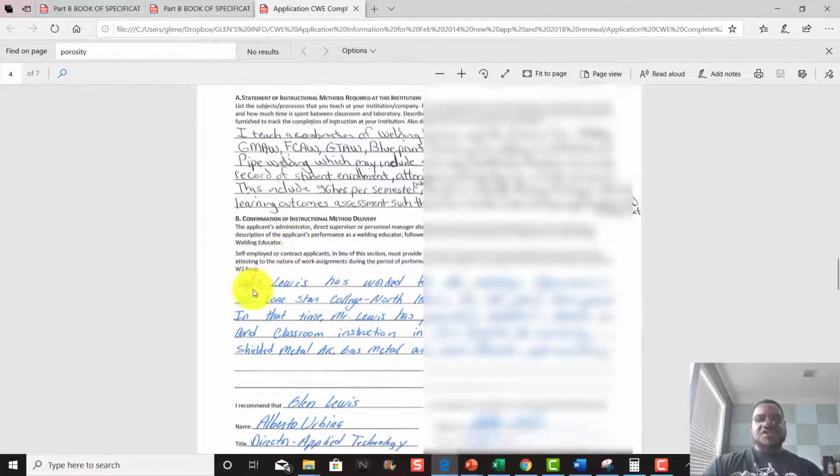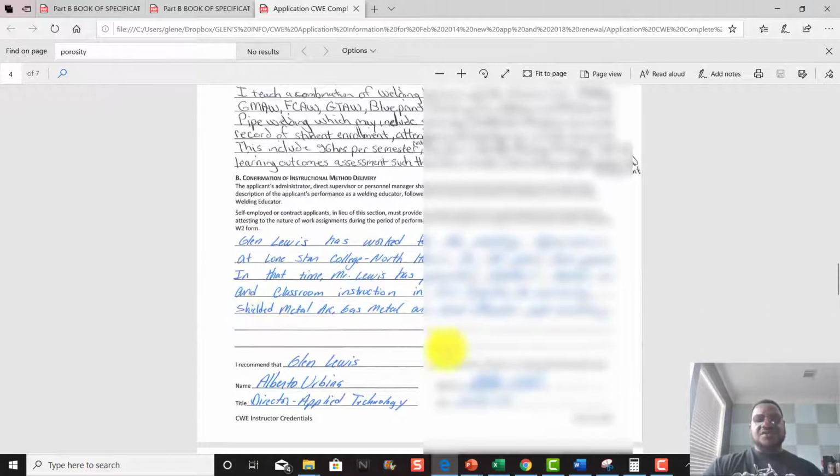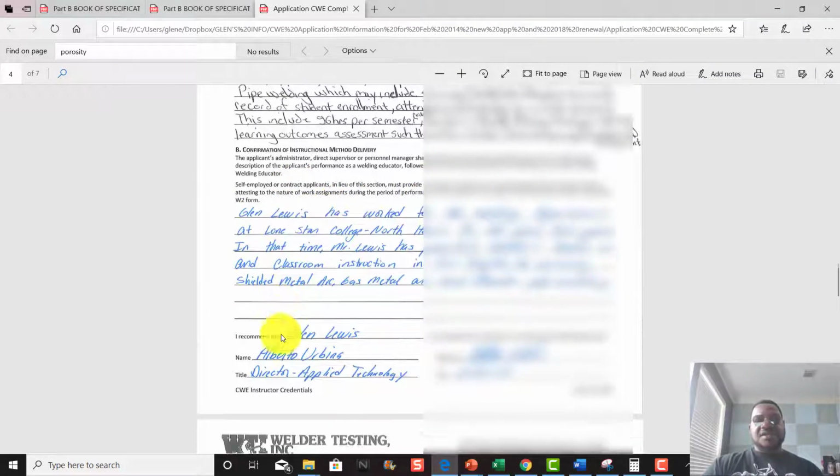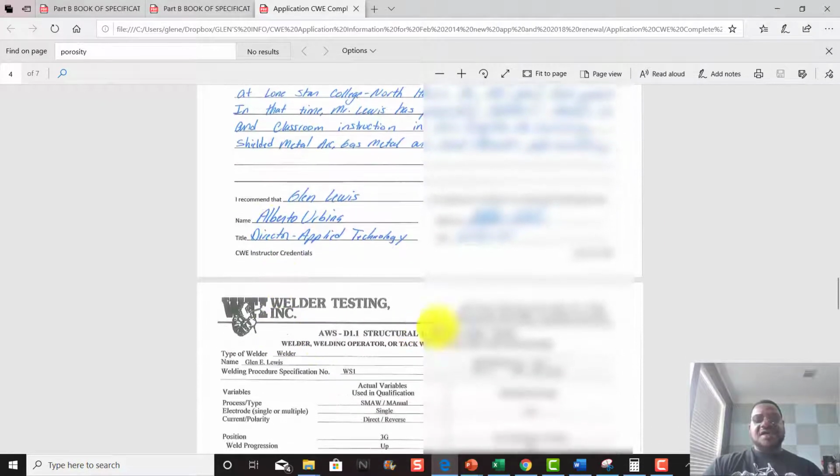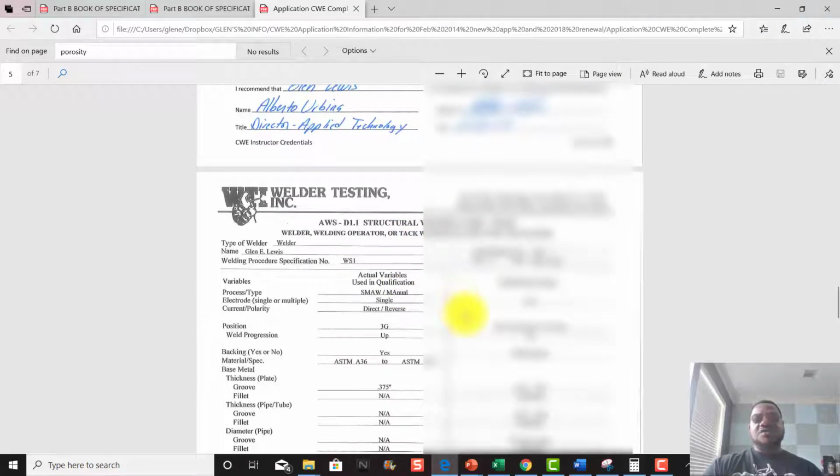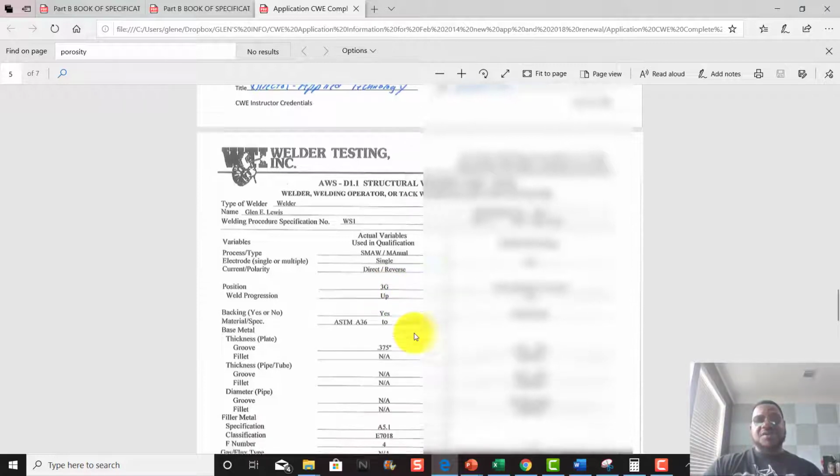I also had to get my supervisor to write confirmation of instruction methods, which you can see what he wrote right there, and he dated and signed it. I also had to take a welder's qualification test. I just took a simple 3G V-groove on plate. You can take it on plate, pipe, whatever you want.